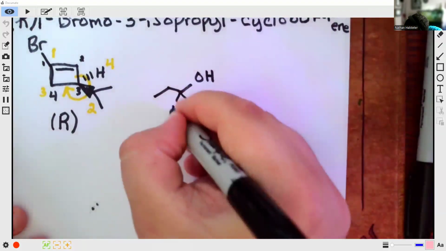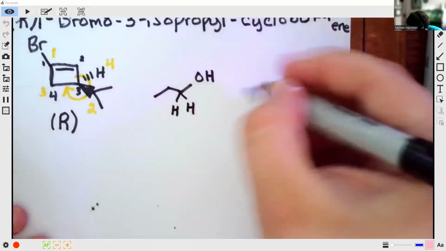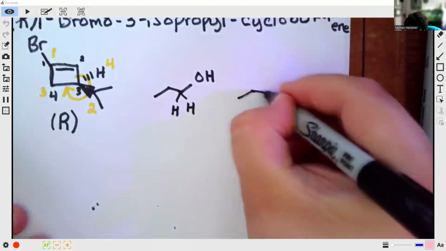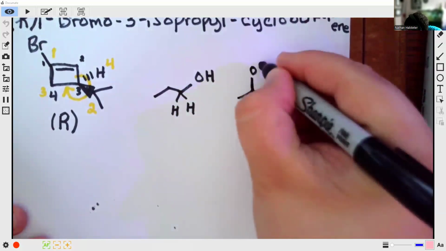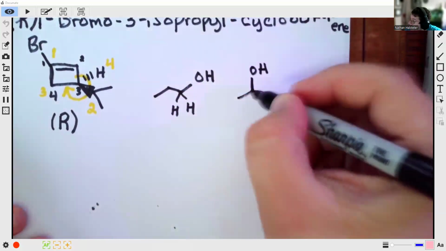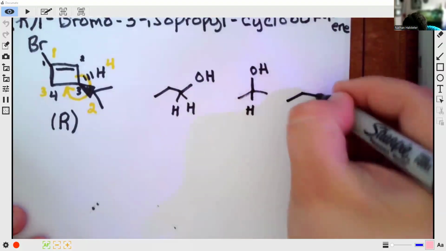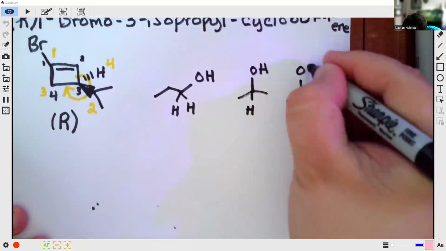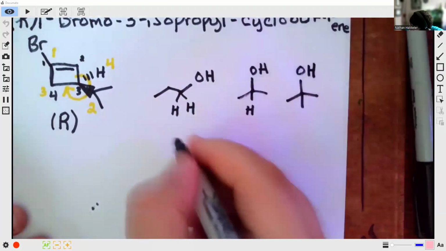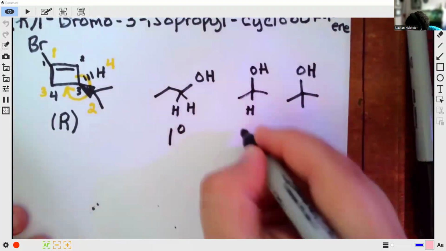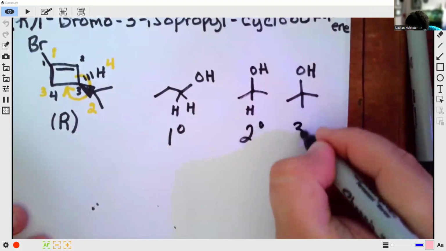Those two hydrogens here. A secondary alcohol would look something like this because it has two carbon groups coming off of the carbon with the alcohol, one hydrogen. And a tertiary alcohol would look like this. So how we denote this typically, primary, secondary, tertiary.